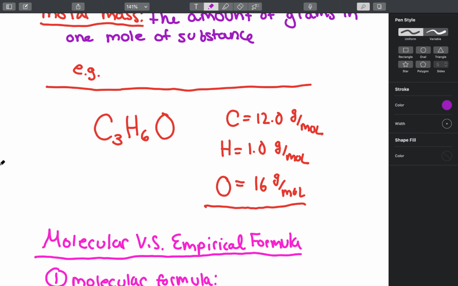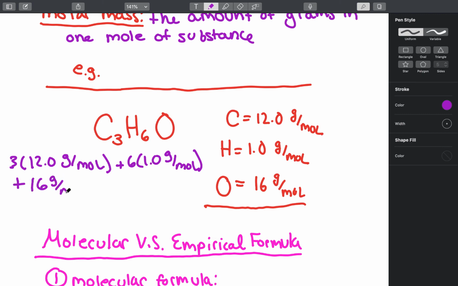So we have 3 carbons, so we multiply 3 by 12.0 grams per mole. And then we have a hydrogen, which is 1.0 grams per mole, and we multiply that by 6. And then we have 1 oxygen, and that is 16 grams per mole.